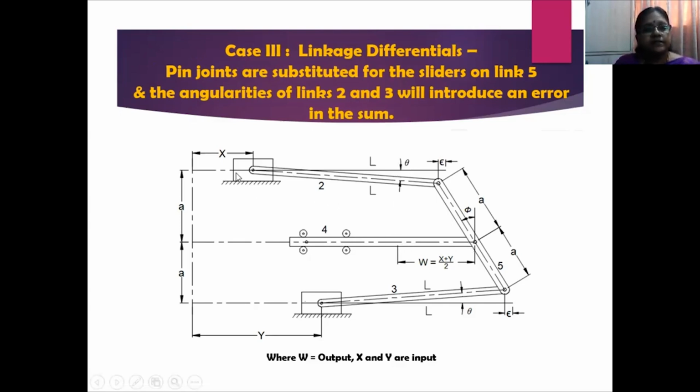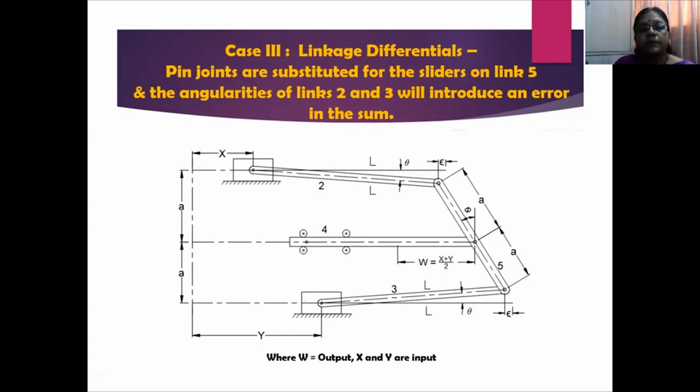Now the same exercise is done here, that is, you give a differential displacement x here and y here, and because of this differential movement, you can notice that link 4, whose alignment is ensured through these guide rollers, is made to push forward and moves to w equal to x plus y by 2.